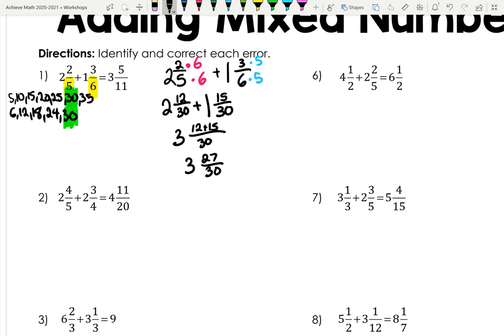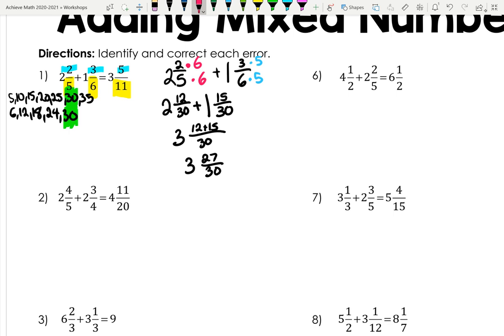So obviously my answer doesn't match. I'm going to go ahead and see what was the error. 5, 6, 11, 2, 3, 5. It looked like this person just added with no regards for the rules of adding with a common denominator.